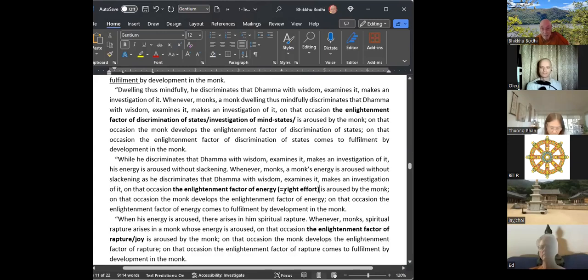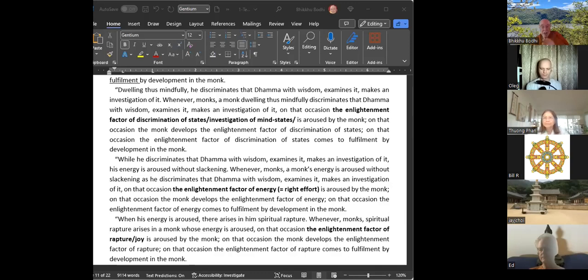With this factor, you apply the energy or effort to remove the unwholesome, the bad, the harmful mental states, and to strengthen and develop the good, beneficial, wholesome mental states.